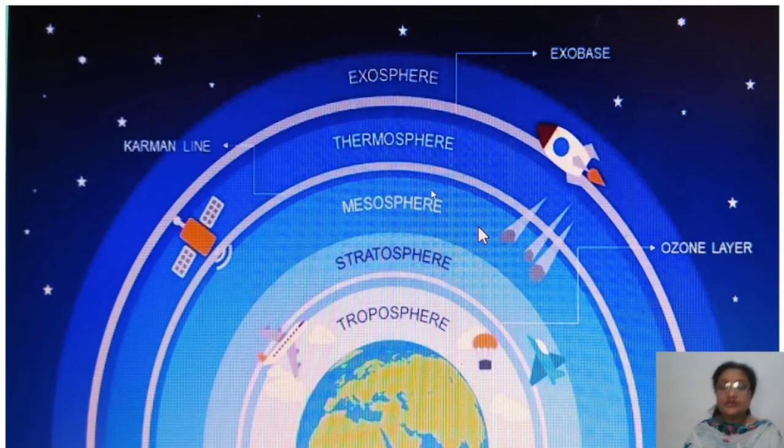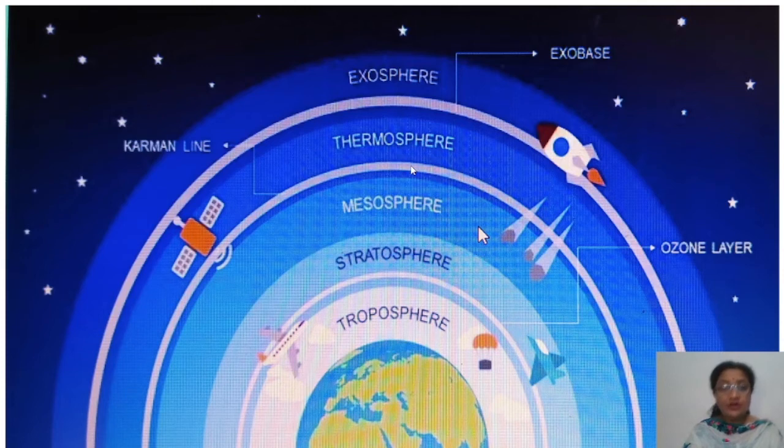Now here we are talking of the Mesopause. Again, it is the upper limit of the Mesosphere, a transitional zone which is separating Mesosphere and the thermosphere on the other side. Clear? Now this Mesopause is found at what altitude? It is found at a height of almost 80 kilometers from the mean sea level.